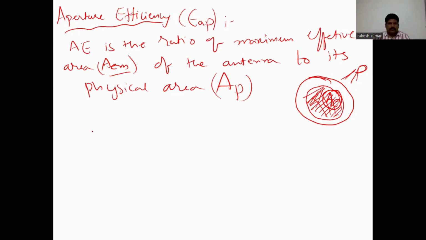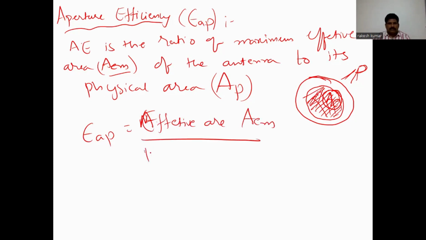Therefore epsilon AP is equal to effective area by physical area. Always the physical area is more when compared to the effective area.